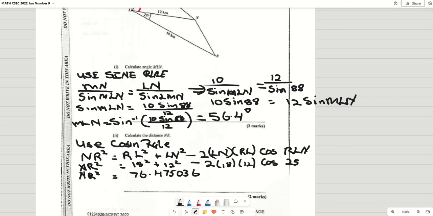And then we carry across the squared sign, so that's NR is equal to the square root of 76.475036, which is equal to 8.75, and this is in kilometers, so this will be km to 2 decimal places, and that would be your answer for this question right here.